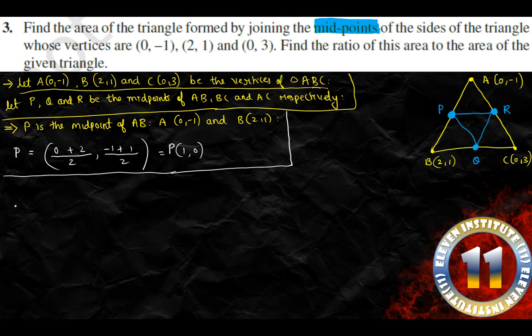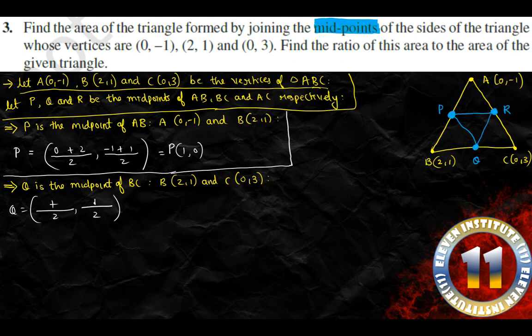So again, I will write over here that Q is the midpoint of side BC, where B is 2, 1 and C is 0, 3. Right. So now we will find the coordinates of Q. So again we shall write, yes, Q is equal to whole divided by 2, again whole divided by 2, and in between we have plus.